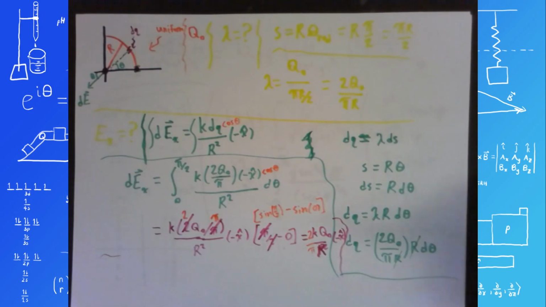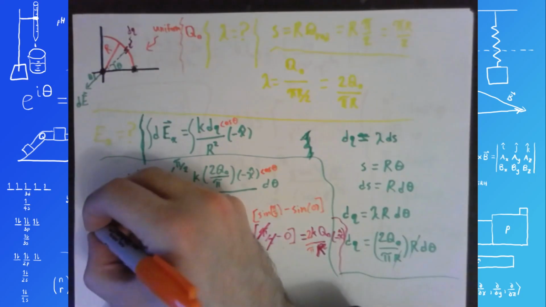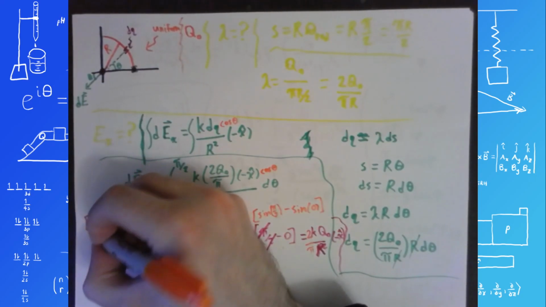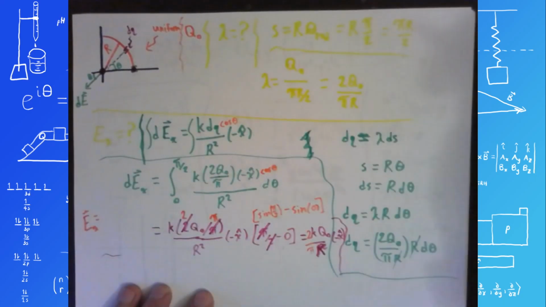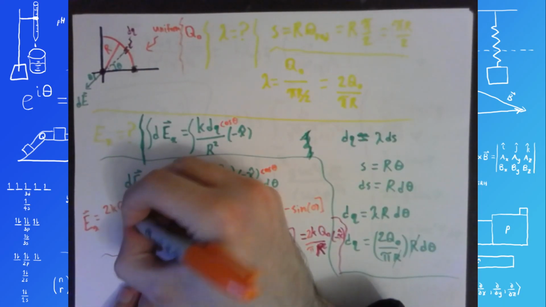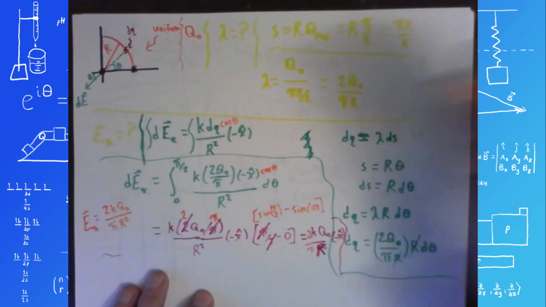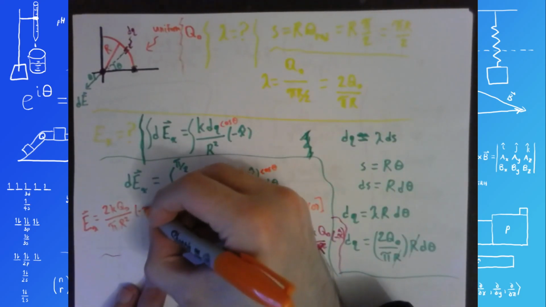I don't think so, but let's just rewrite it for the sake of clarity. E sub x is equal to 2k q0 over pi big R squared times negative x hat.